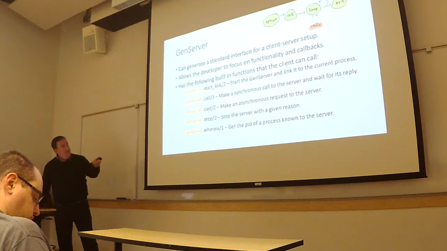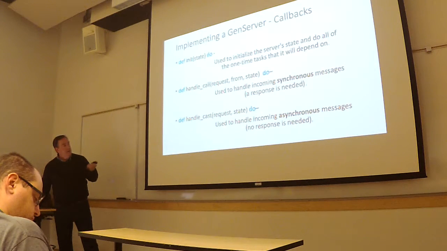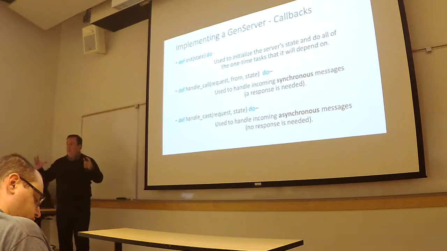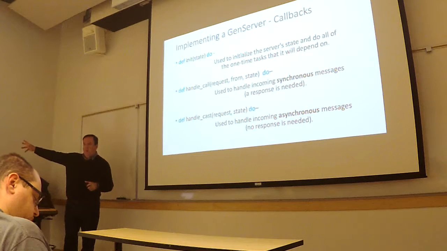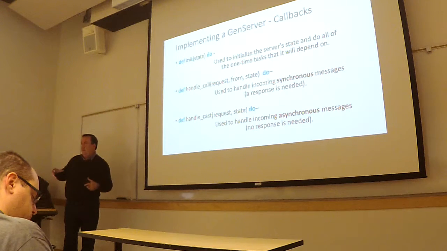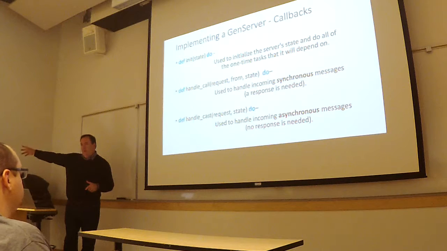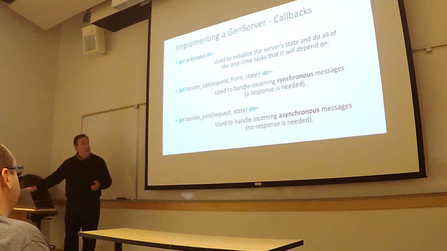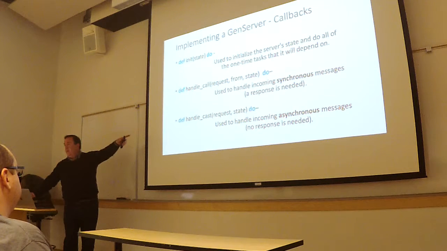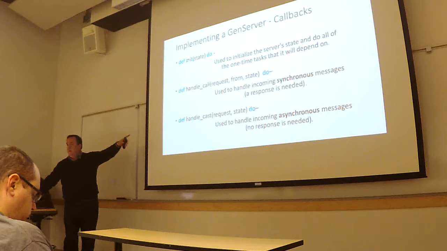Or some client used cast to send you an asynchronous message. The gen server behavior does the appropriate receive. You don't go into a receive state. It will handle the receive and then invoke your callback that says, oh, here, handle the cast. Does this make sense?